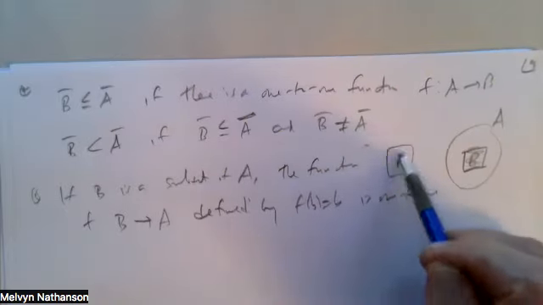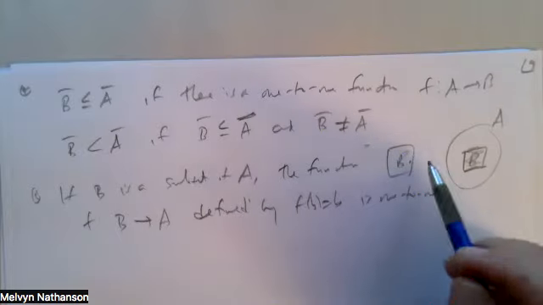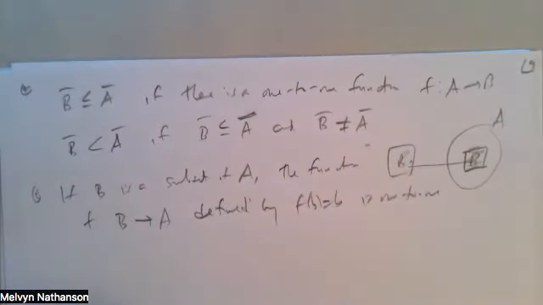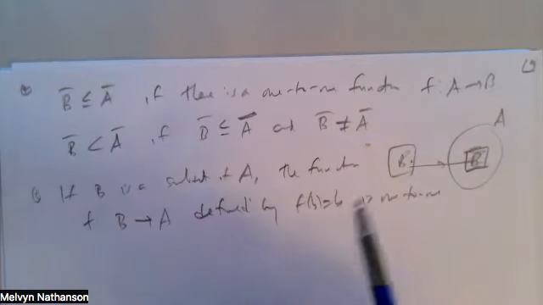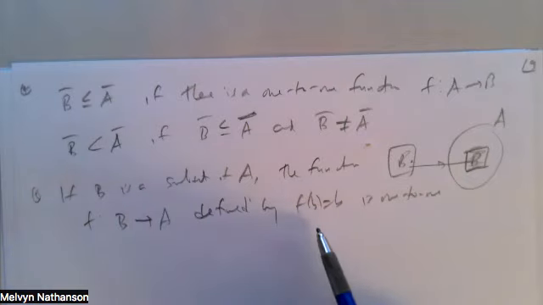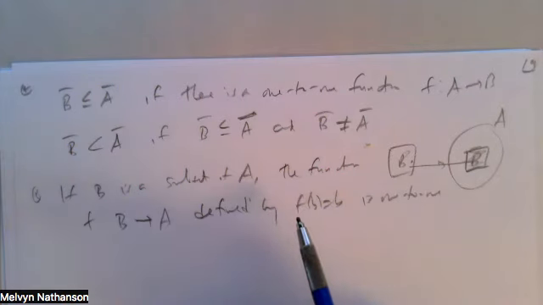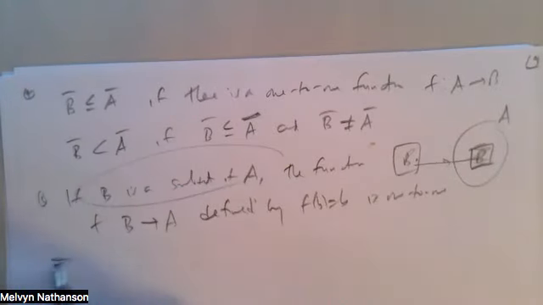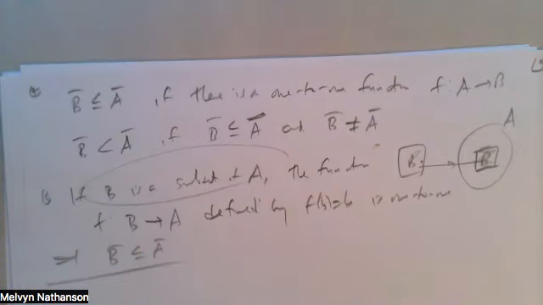Here you have the set B, and you send every element to itself. So if B is a subset of A, you can define a function from B to A. It's just the identity function restricted to B, f of b equals b. That's one-to-one. So if B is a subset of A, then the cardinality of B is less than or equal to the cardinality of A.